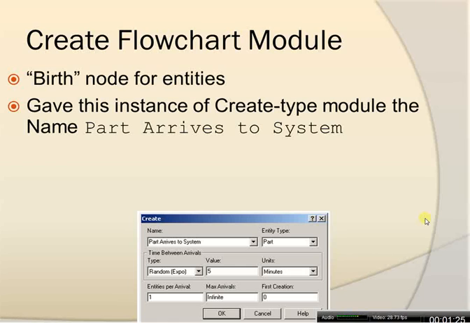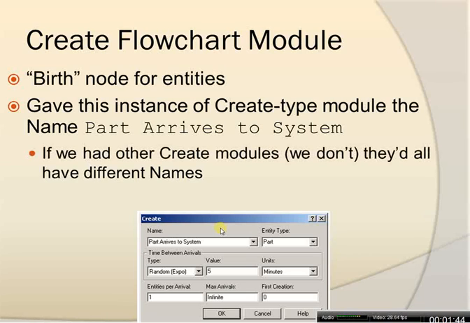We're actually going to build a model today, and we're going to start with creating this instance of the Create type module with the name Part Arrives to the System. So you can see here, this will be the name. We could have other Create modules, although in this example we won't, because as a flowchart module we could have multiple in the model.